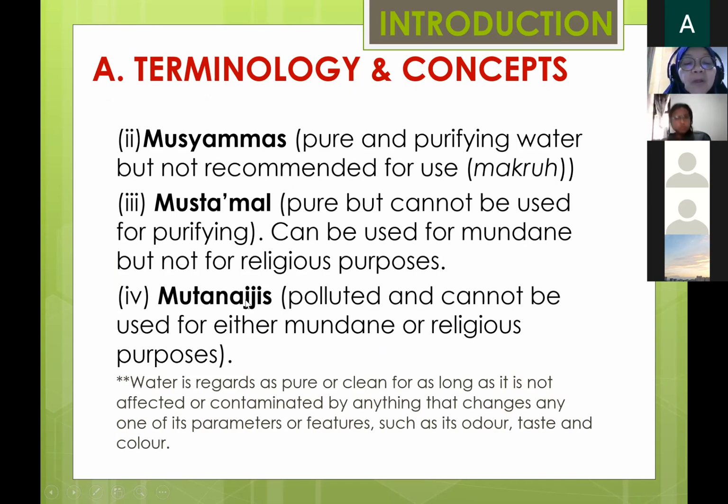If the river water is polluted, you can see the color. Some even give smell, and it's quite rampant nowadays. People throw rubbish in the river, they throw chemicals, byproduct into the river and pollute all the river. So this river water is grouped under mutanajis. You cannot use it unless it is from a clean river.